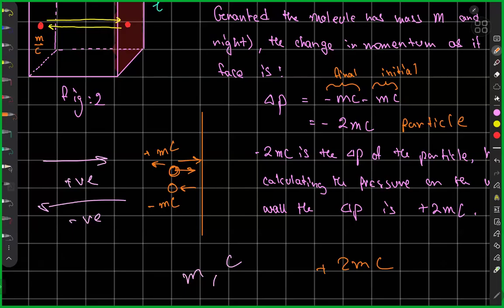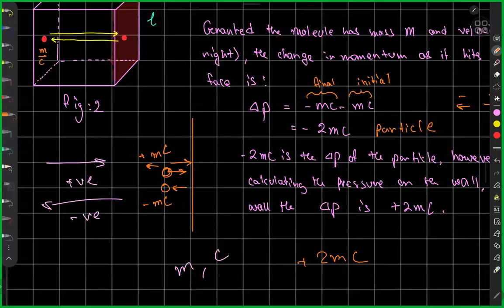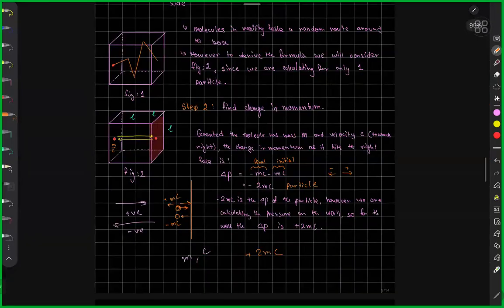So if the change of momentum of the particle is negative 2mc, the opposite is the change of momentum of the wall, which is positive 2mc. Is there any confusion about this simple step? Clear on that?